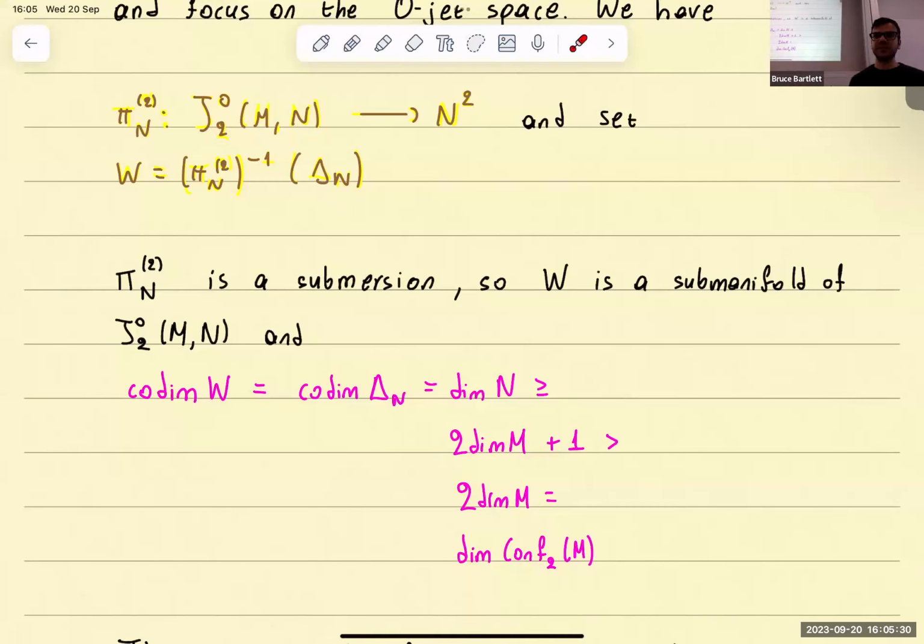So in fact, we didn't need Thom's transversality theorem, we just need the ordinary transversality theorem, I think, restricted to the submanifold. Yeah, I might have to think about that, but that sounds correct.